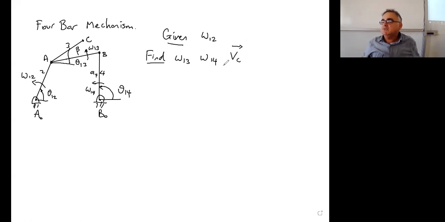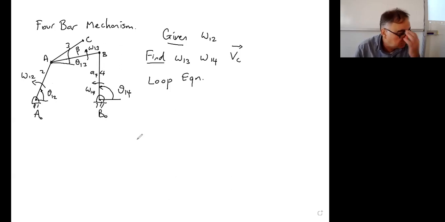Of course, in order to do the velocity analysis, we should have the position analysis done, which means that we should know theta 1, 2, theta 1, 3, and theta 1, 4. So we'll write the loop equation and take the derivative of that. The loop equation is A0A plus AB is equal to A0B0 plus B0B, as you know.